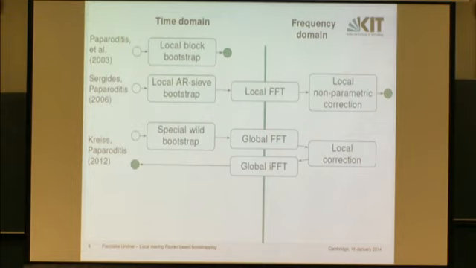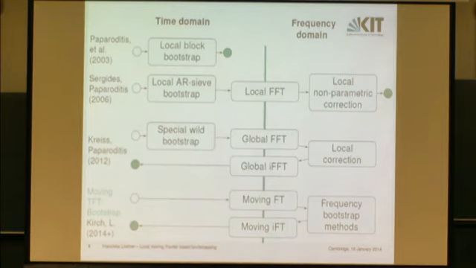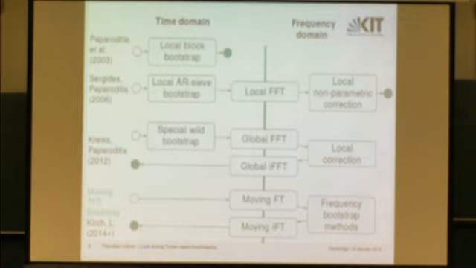And our new moving TFT bootstrap is also able to do this, going from time to frequency to time domain. It uses the moving Fourier transformation, and also a new aspect is that we use bootstrap methods in the frequency domain.